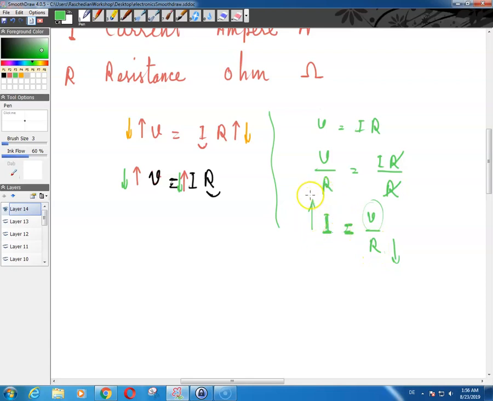Because if you increase your current, then V over R has to be increased, and for this to increase, R has to decrease. It's just simple algebra. And if you decrease your I, you have to increase your R.